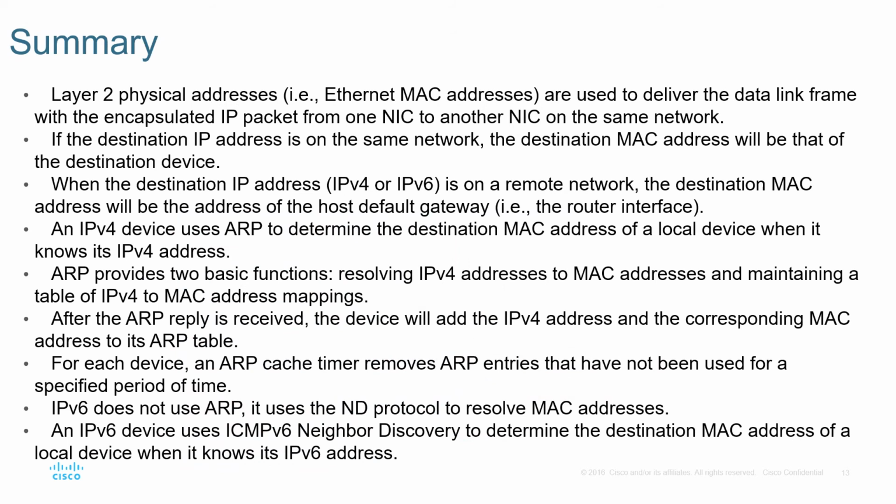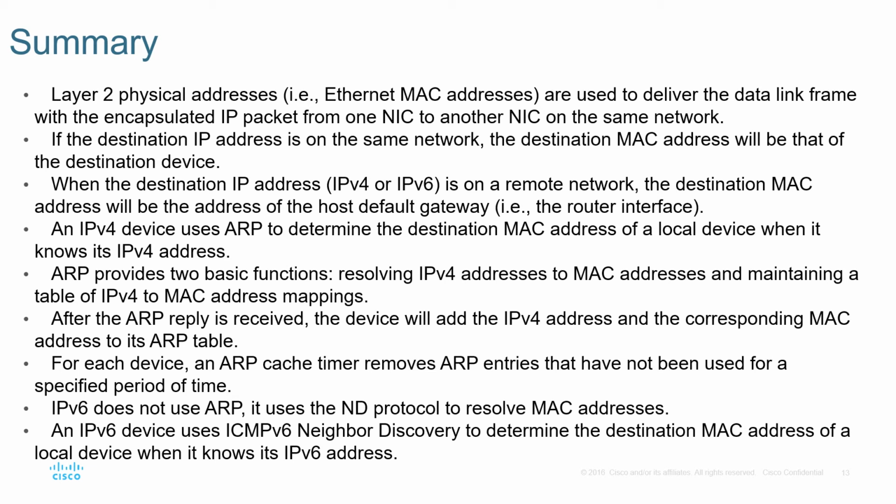To sum it up, layer 2 physical addresses are used to deliver the data link frame with the encapsulated IP packet from one NIC to another NIC on the same network. If the destination IP address is on the same network, the destination MAC address will be that of the destination device. When the destination IP is on a remote network, the destination MAC address will be the address of the host's default gateway.